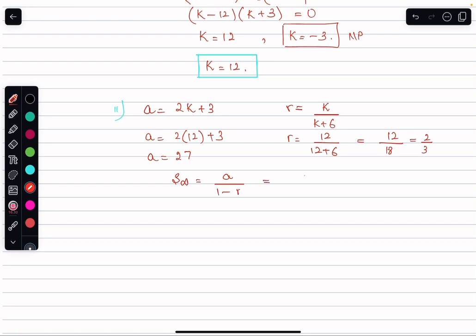Substituting these values, it's going to be 27 divided by 1 minus 2 by 3, or I can say that sum to infinity here is going to be 27 divided by 1 by 3, or I can say it's 27 times 3, which shall be equal to 81. So this is going to be the answer for sum to infinity here.